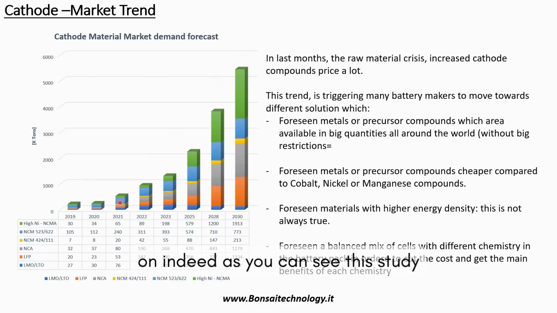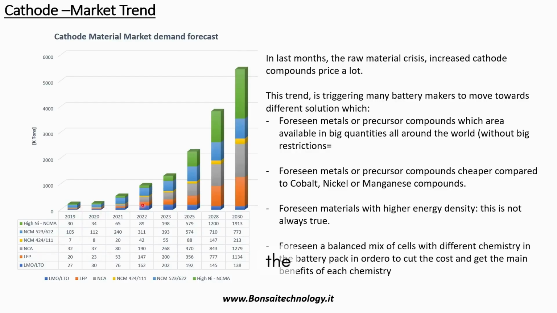Indeed, as you can see, this study is from 2020, so it's not super recent. In 2020, the analysts already foresaw that the LFP demand was moving from a very small quantity, 23K tons per year, to 1,134K tons by 2030.